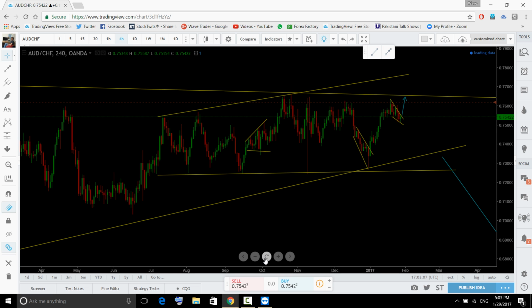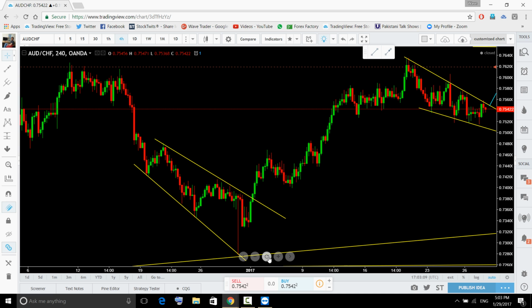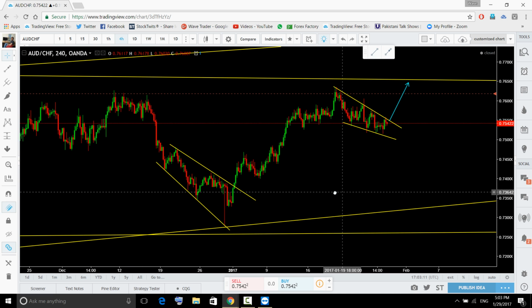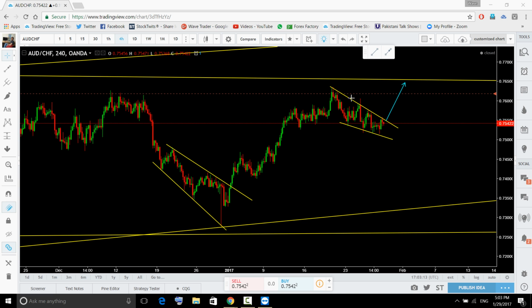One more push is possible. You can all see that this is a corrective continuation flag, so it can come up to this place. Those who are already in this trade, sold from here and still in profit, can move to break even, and if you don't want to move to break even, you can stay in this trade.